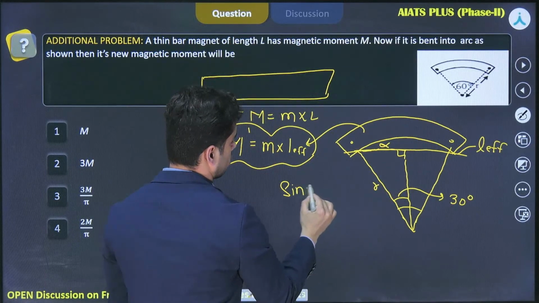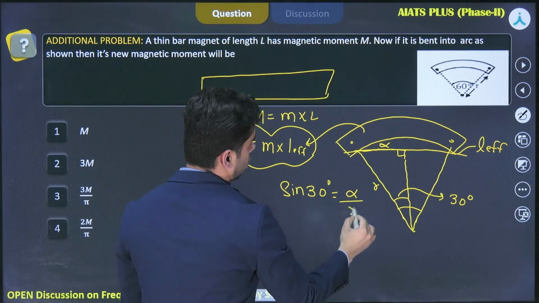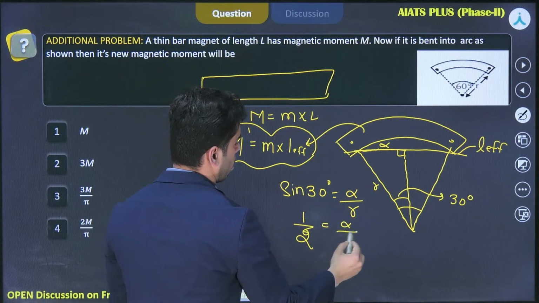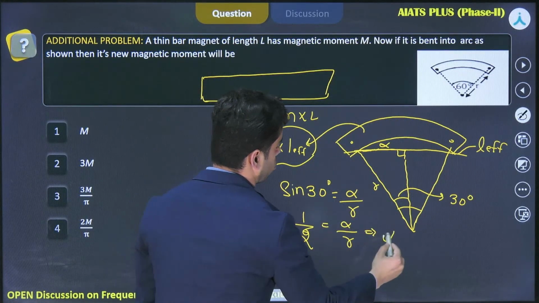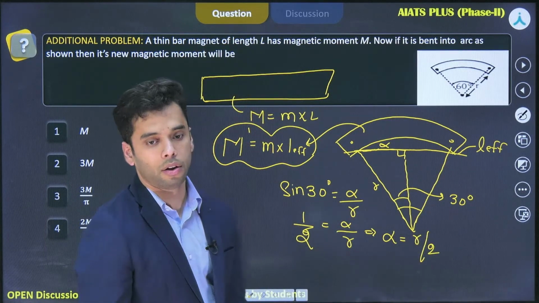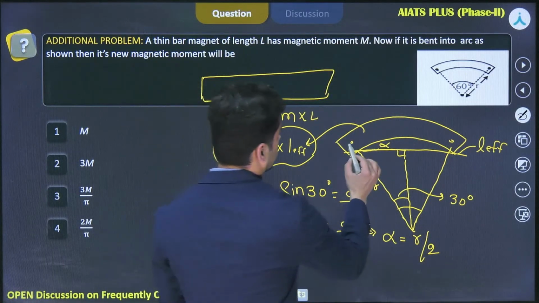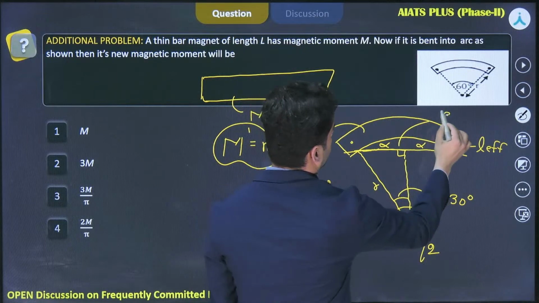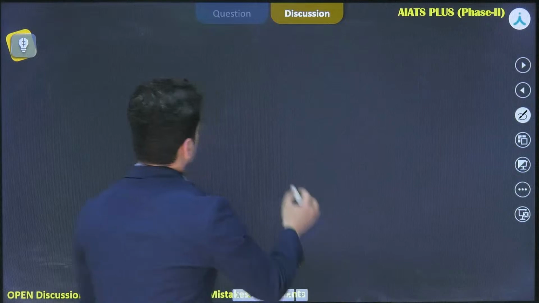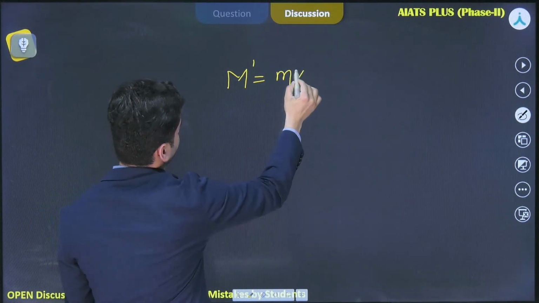So sine 30 degrees is equal to alpha by R. So it is 1 by 2, equal to alpha by R. So alpha is coming out to be equal to R by 2. So the effective distance is 2 alpha, which is equal to R. So the new magnetic moment M prime is equal to M into R.